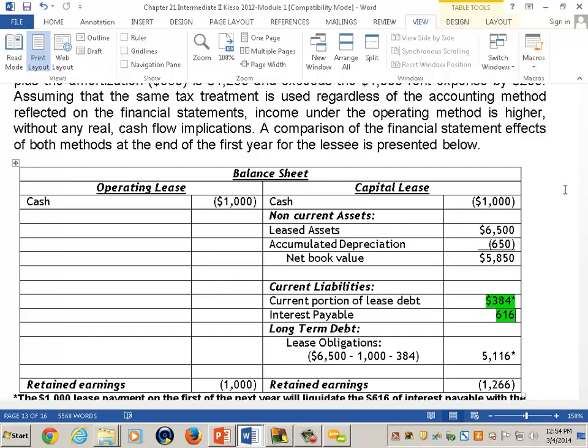So next period, when you pay the $1,000, the principal will be reduced by $384, and the interest will be $616. And the way I get to $384 is just to take the interest out of the payment. It's just the effective interest amortization. That's the current portion of the long-term debt.